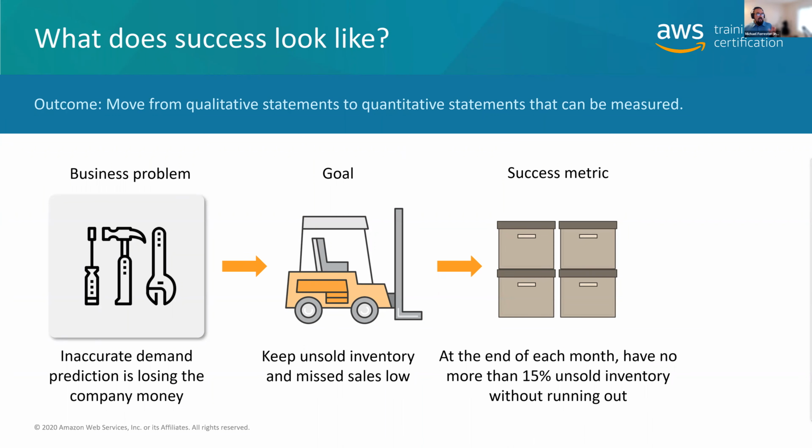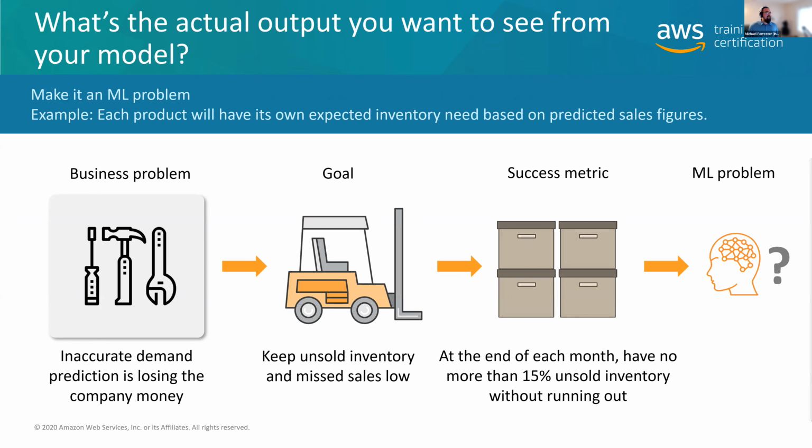So bottom line, you've got a business problem, there's a business goal, and there's a business success metric. Notice I said business, business, business, right? So in this case, at the end of the month, no more than 15% unsold inventory.